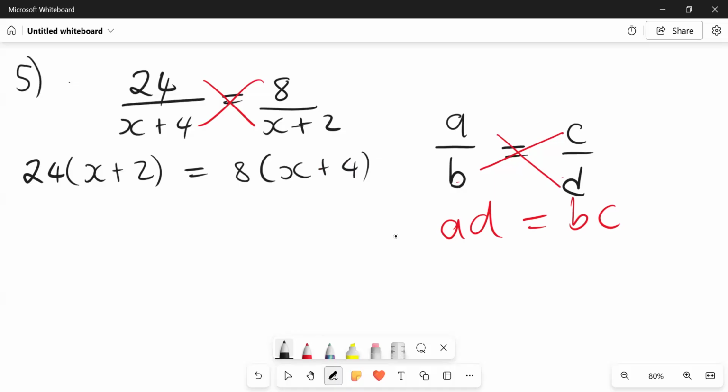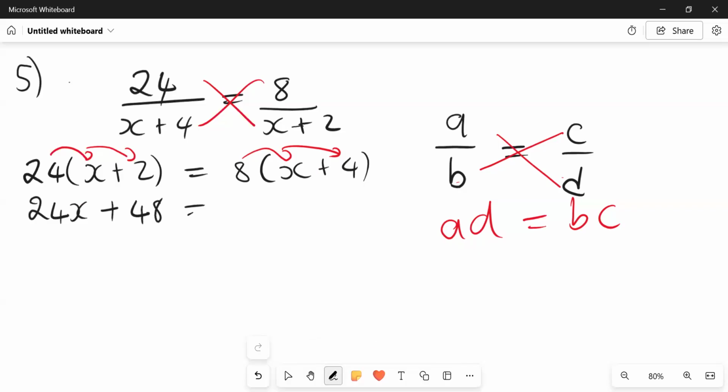I will use two ways to solve the sum. And then from here, you have your distribution law because of the brackets. At this stage, I know that you're mastering this part. So you have your 24x there plus 48 equals to your 8x plus 32. Again, let's transpose.